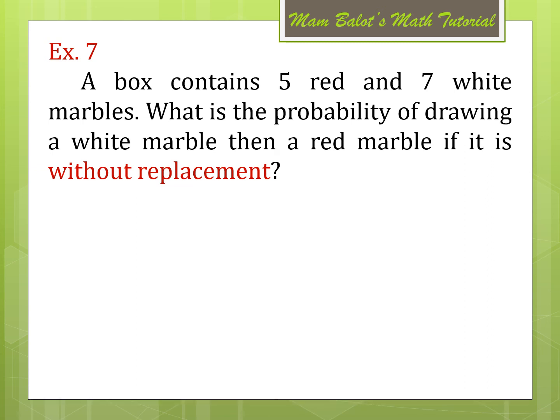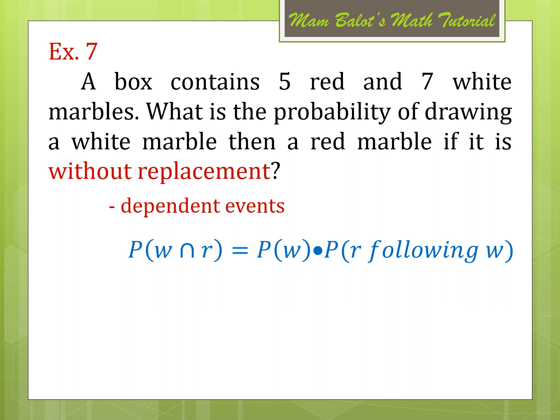So this is now a dependent event, since the second marble that will be drawn would be affected by the first marble drawn. So the probability of getting a white, then a red, is equal to the probability of getting a white marble times the probability of getting a red following the white marble.